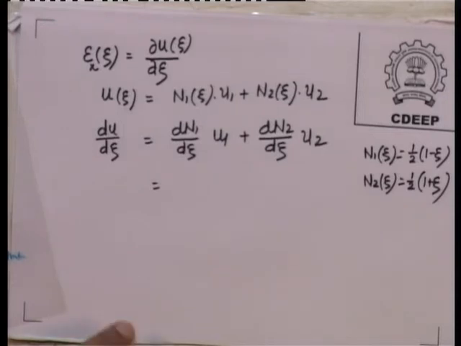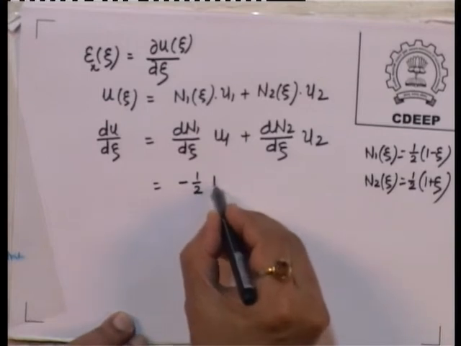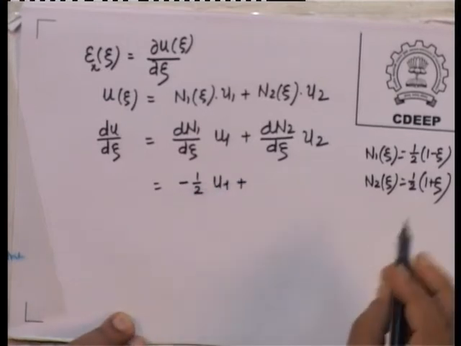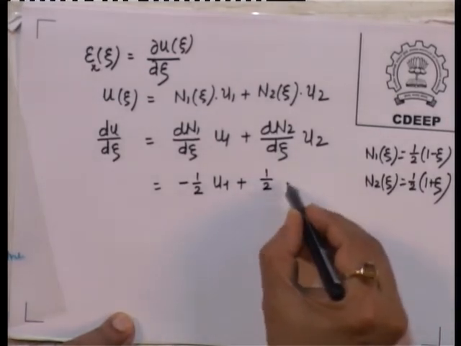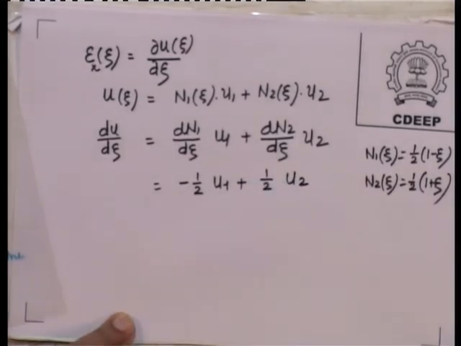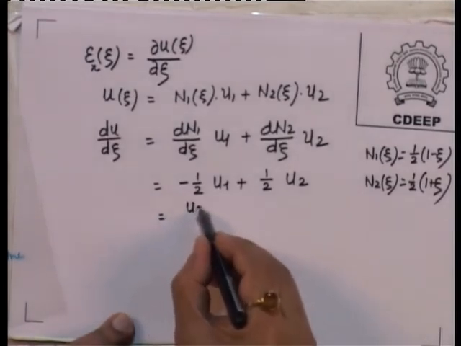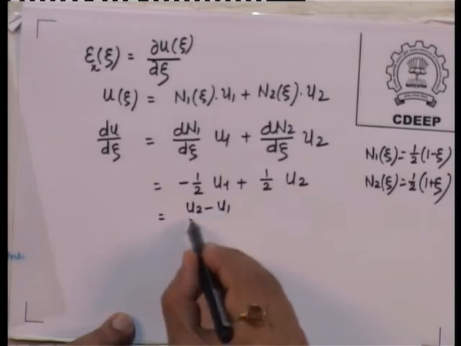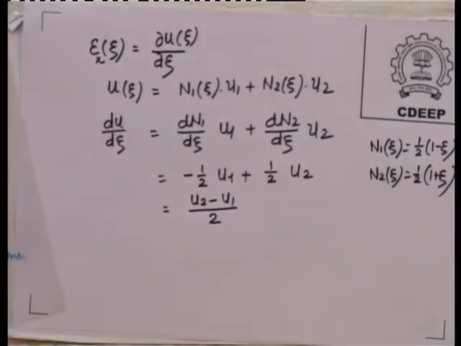So dn1 by d psi is -1/2, so this one is -1/2 u1, and dn2 by d psi is plus 1/2. So it is u2 minus u1 by 2.